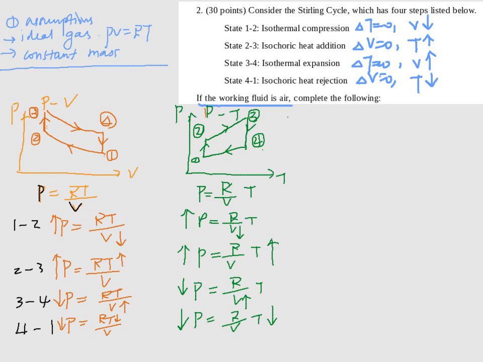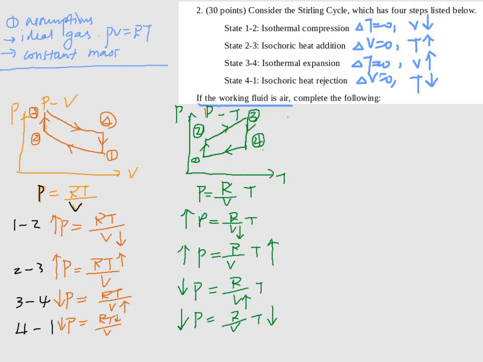But please pay attention that the slope from 2 to 3 and 4 to 1 is slightly different. That is because of the different volume at state 2 and 1. So let's take a closer look at this. The volume is decreasing from state 1 to 2.